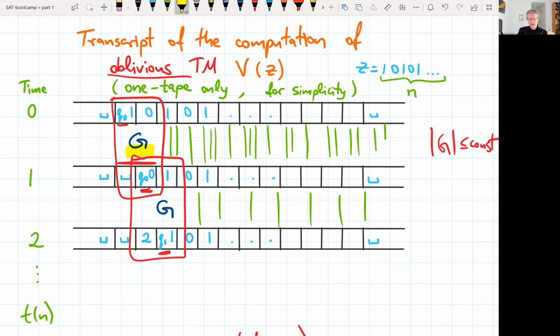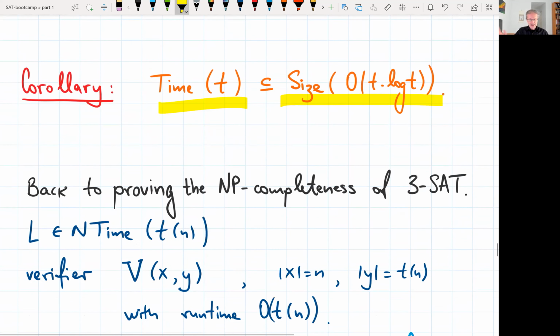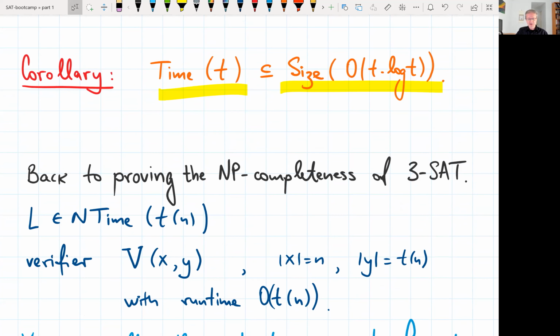So this circuit G will have as inputs the information coming from appropriate circuits G prime for the second tape, and similarly circuits G prime will have as inputs some information coming from the circuits G for the second tape. But that's not very difficult. Conceptually, it's pretty straightforward to do. Okay, so that concludes the proof that time t can be simulated in size t log t.